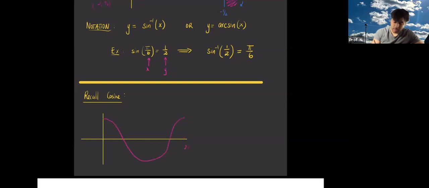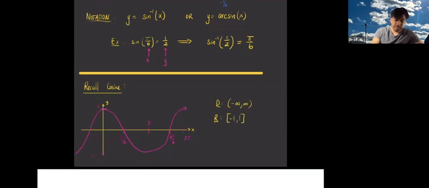This is 2 pi, this is pi, pi over 2, 3 pi over 2. This is 1, negative 1. This goes on. What do we know about the domain? Same thing: negative infinity to infinity. What's the range? Negative 1 to 1.